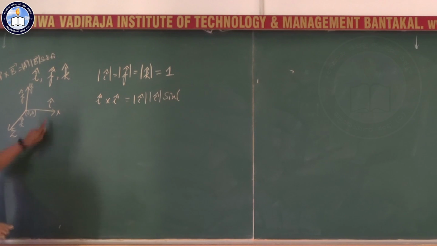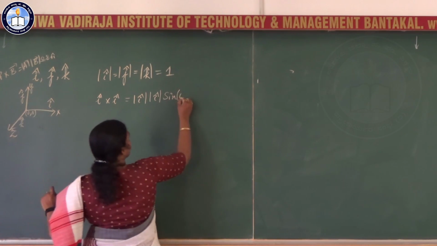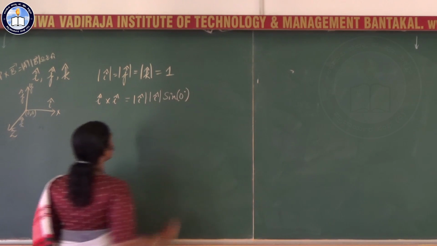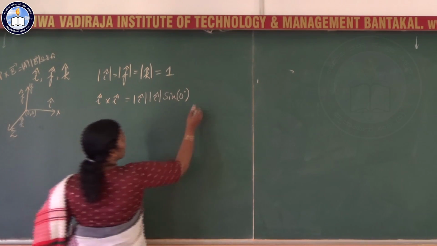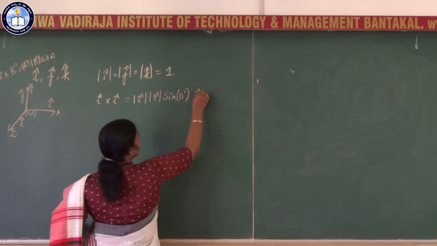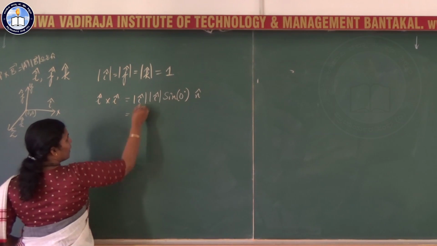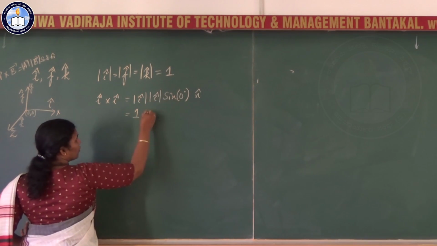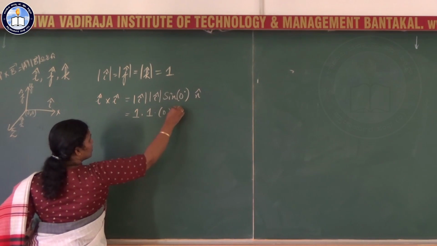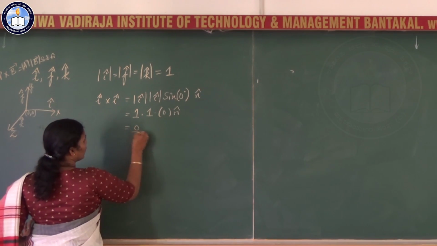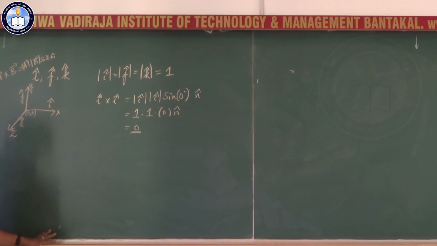What is the angle between i cap and i cap? Both along the x axis. The angle between them is 0 degree. What is the direction? It is n cap. So, magnitude of i cap is 1. Magnitude of i cap is 1. Sine 0 is 0. So, it is equal to 0.